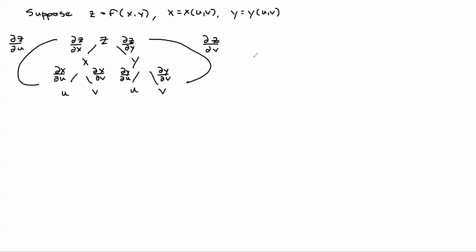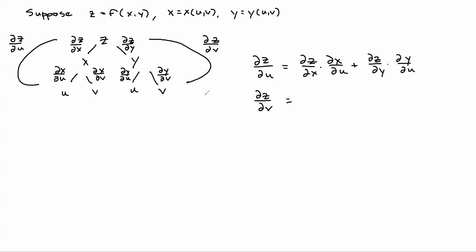Okay, and so if we write out those individual definitions, we get partial of z with respect to u. What's that going to equal? To figure that out, we're going to multiply down the chain just for the u branches. So if you multiply down the chain, we get partial of z with respect to x times partial of x with respect to u plus partial of z with respect to y times partial of y with respect to u. And partial of z with respect to v, right?